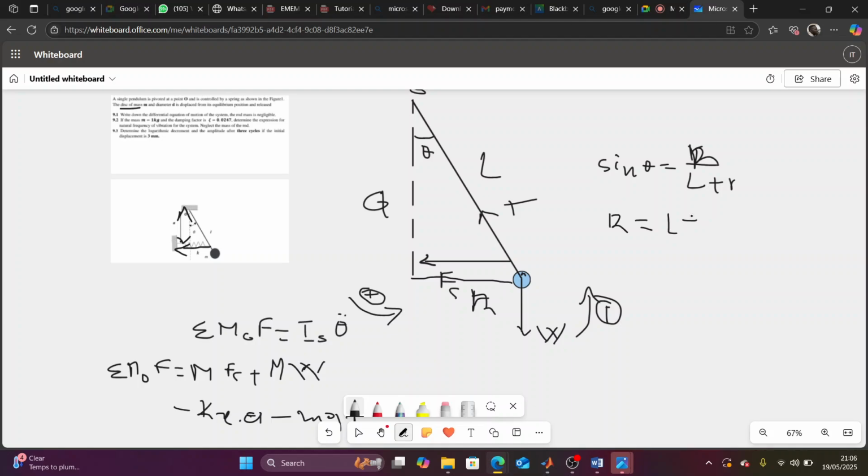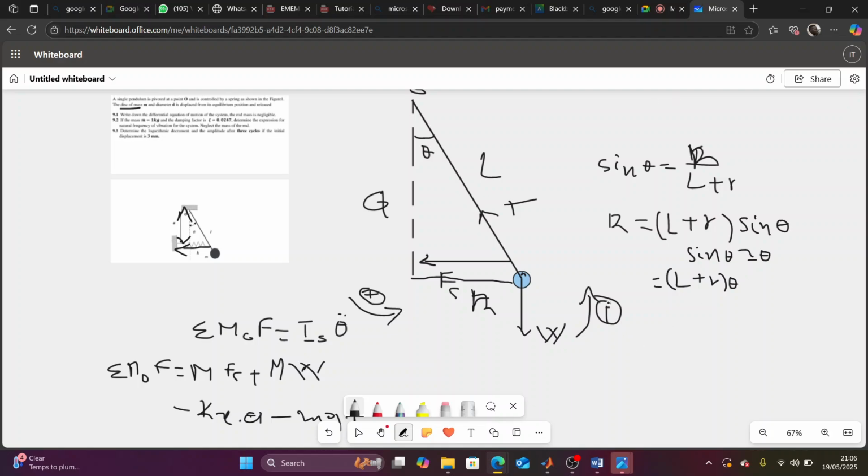Big R is L plus r, multiplied by sine theta. And we know for small oscillation, sine theta is theta. So we have L plus r, everything multiplied by theta. Are we together?